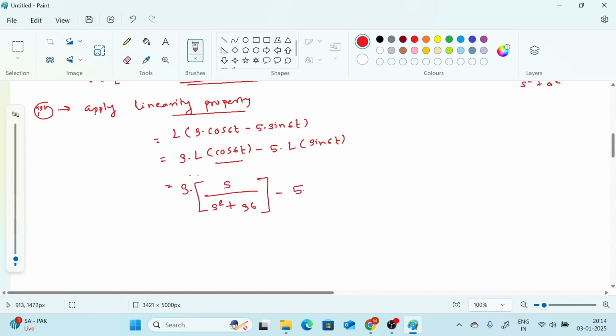Minus 5 into sine 6t, which is a upon s square plus a square, so 6 upon s square plus 36, right?